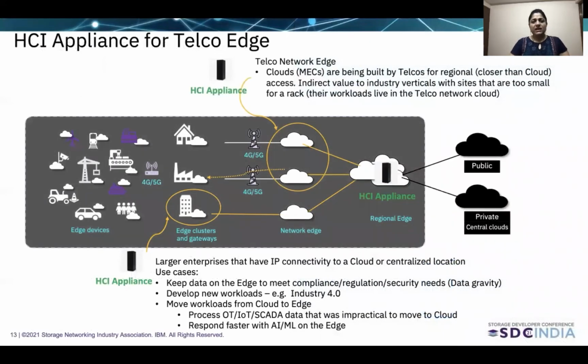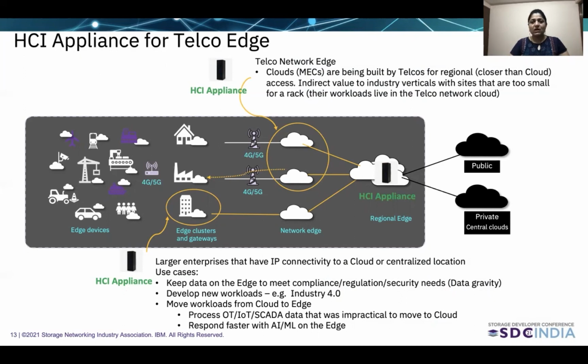So where does the HCI appliance fit in for the telco edge? HCI appliances can be placed at the regional edge, which communicates with public and private clouds, enabling a hybrid cloud deployment. Network providers are looking at how they can bring workloads into the network itself.